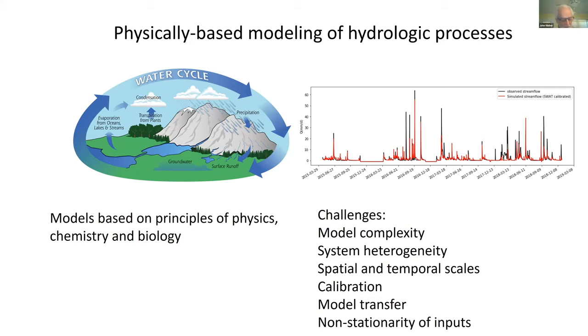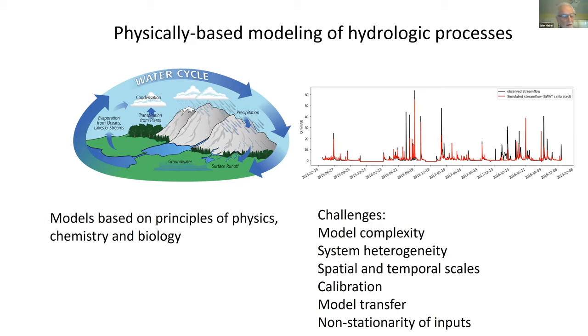Prior to the advent of digital computers, it was possible to develop very simplified physically based models, mostly based on analytical solutions to simplified process governing equations. However, since the advent of ever more powerful computers, it has been possible to develop ever increasingly complex physically based models representing the components of the hydrological cycle.